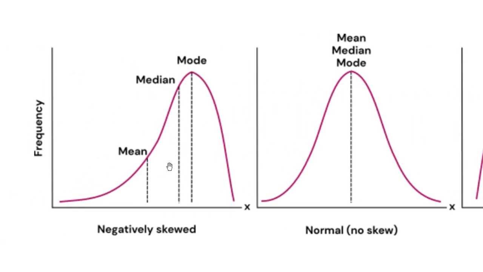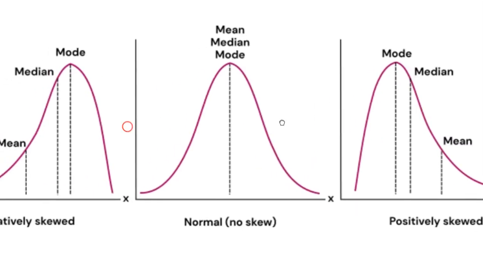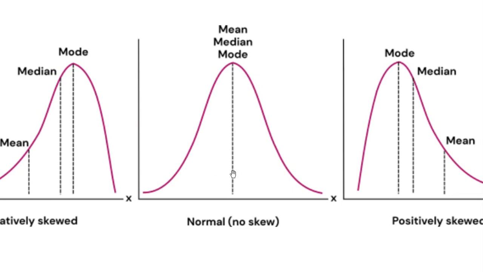But for example, this one is negatively skewed. The mean, median, and mode are not the same, and they are in different positions. And this one is positively skewed, and the mode, median, and mean are located in different positions. So this one, which is a normal distribution, has no skew, and the mean, median, and mode are exactly in the same position.